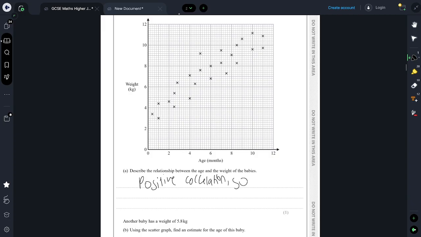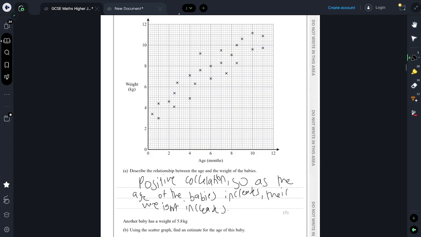So the relationship is, as the age of the babies increases, their weight increases. And this is a positive correlation.